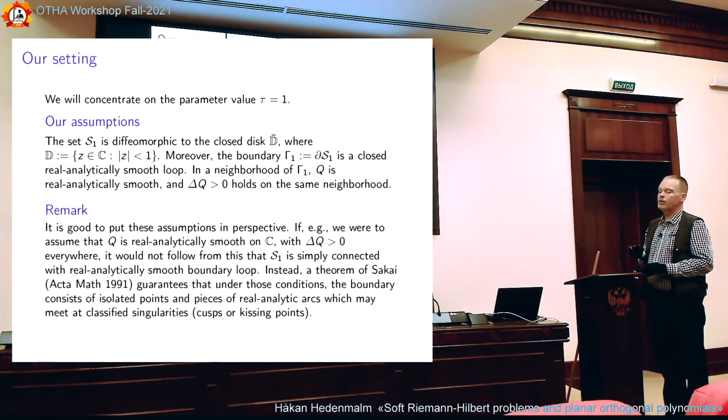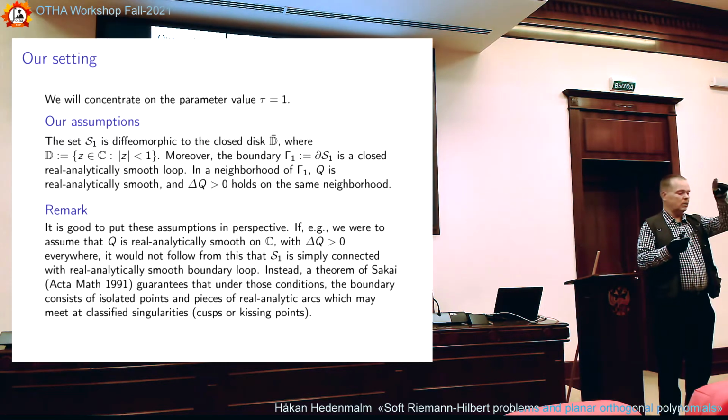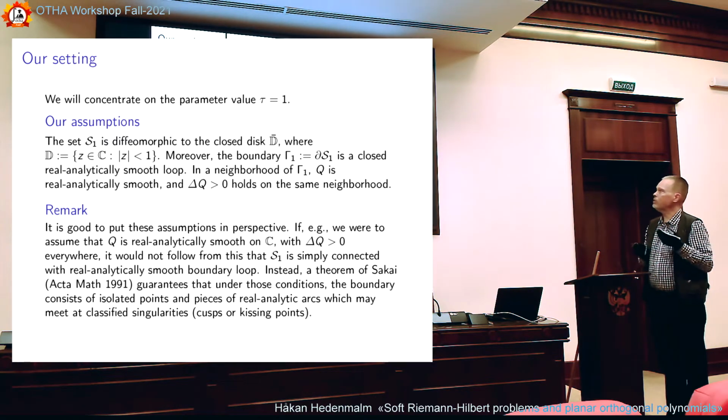And then the boundary is just a loop like this, and you assume that this boundary is smooth enough. In my setting, the natural assumption is that it's a real analytically smooth loop.